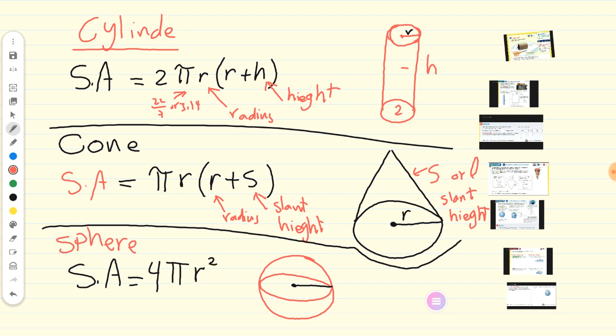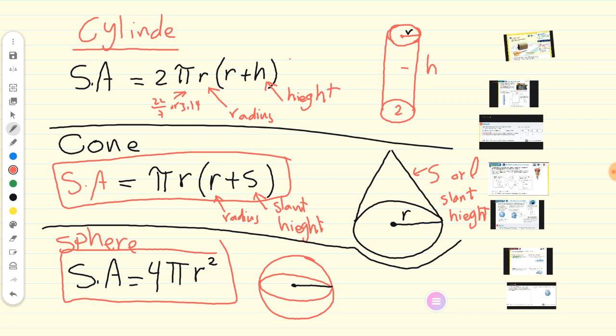So before everything, just try to save it. If you save these three rules in your mind, it's easy to solve any problem about surface area. We will not study anything except these three shapes: cylinder, cone, sphere.